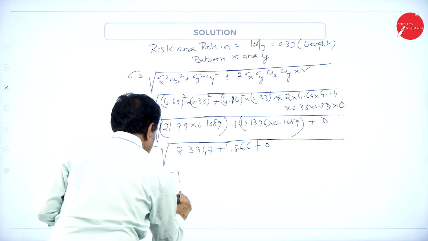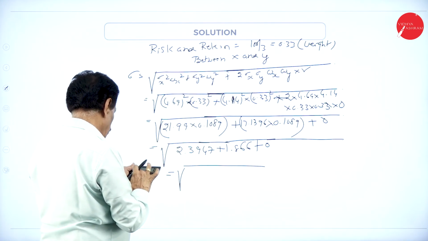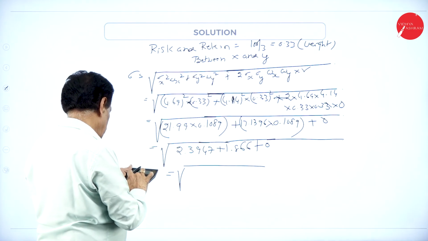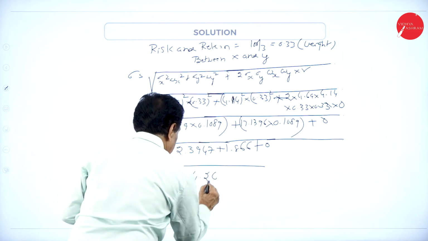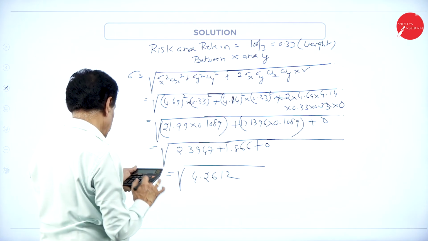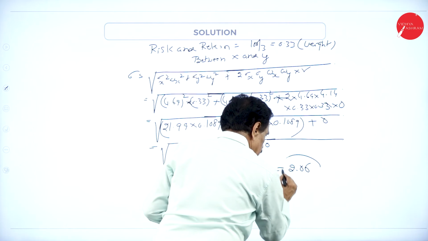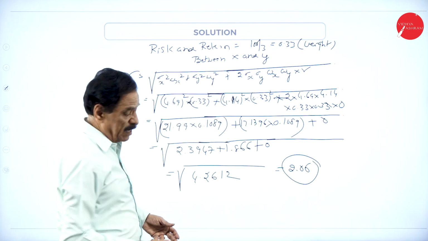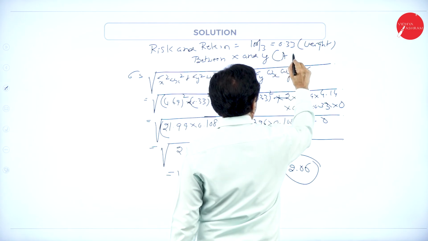Root of this, 2.3947 plus 1.866, 4.26. Root of this, 2.06. This is between X and Y. This is nothing but A and B.